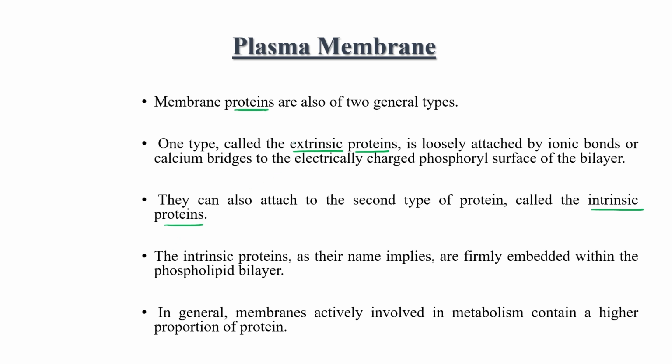The other type is known as intrinsic protein, which is totally embedded into the lipid bilayer and floats within it, firmly embedded within the phospholipid bilayer. In general, membranes actively involved in metabolism contain a high proportion of protein.